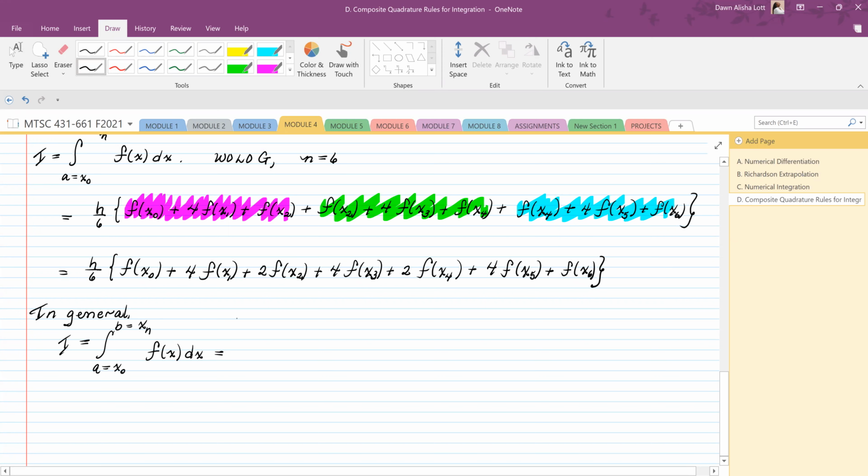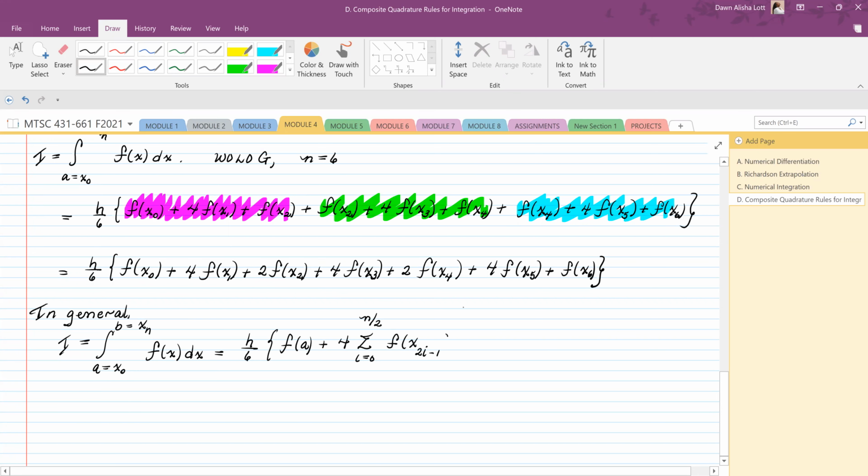That is equal to h over 6 times f at a plus 4 times the sum, i equals 1 to n over 2, of f at x sub 2i minus 1.